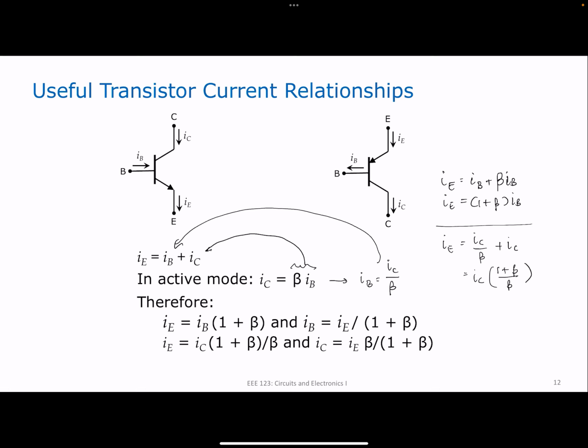That is this expression here. So if I'm given I sub C and I know beta, I can easily get I sub E. On the other hand, if I know I sub E and I know beta, I can get I sub C by transposing, so you're going to get this equation. So these are useful current relationships. Although, what you really just have to remember is this: IE is equal to IB plus IC, and IC is equal to beta times IB, and you can actually derive all of these different relationships.